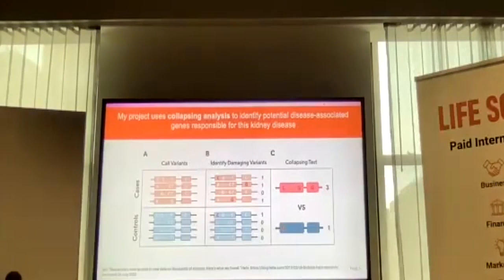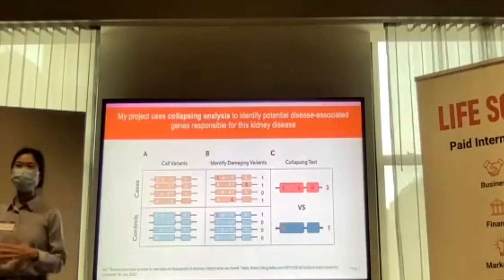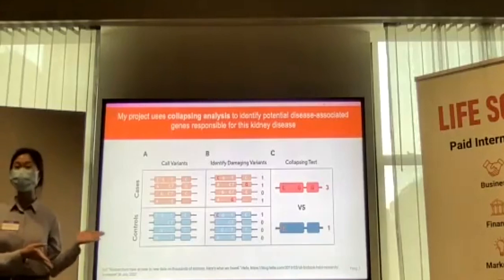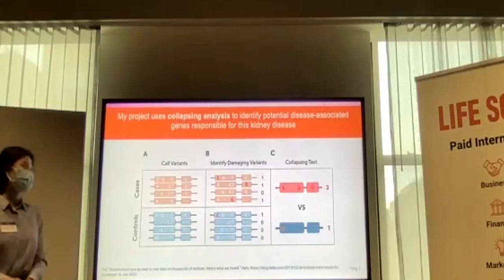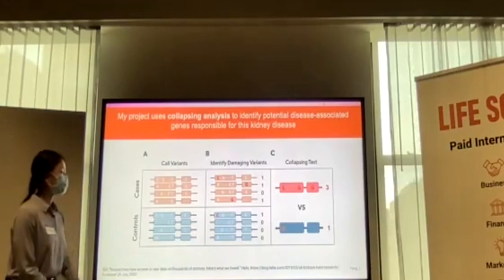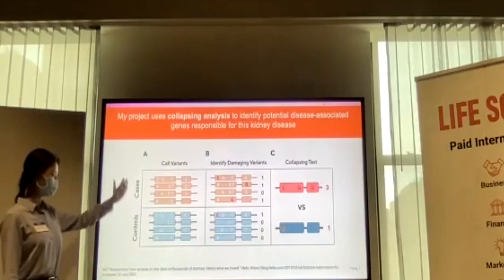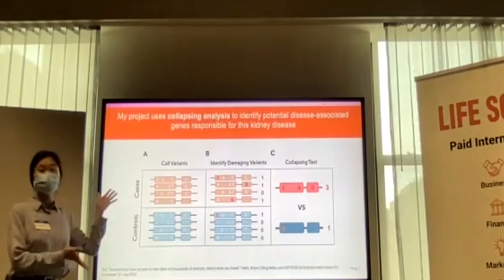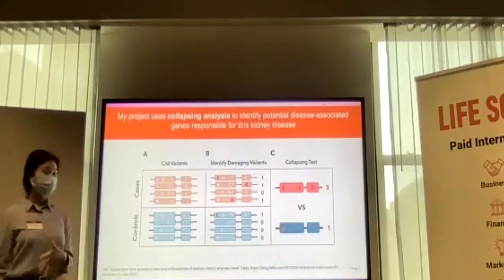So my project uses collapsing analysis to identify the potential disease-associated genes responsible for this type of kidney disease. How it works is that we use the convenience of bioinformatic tools and the availability of large-scale sequencing data in order to count how many deleterious variants are in the cases, which are the individuals who have the disease, versus the controls, or the individuals who do not have the disease.